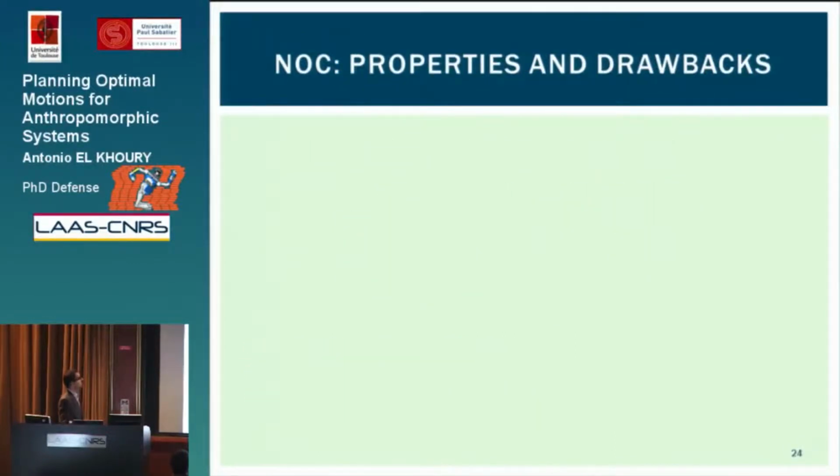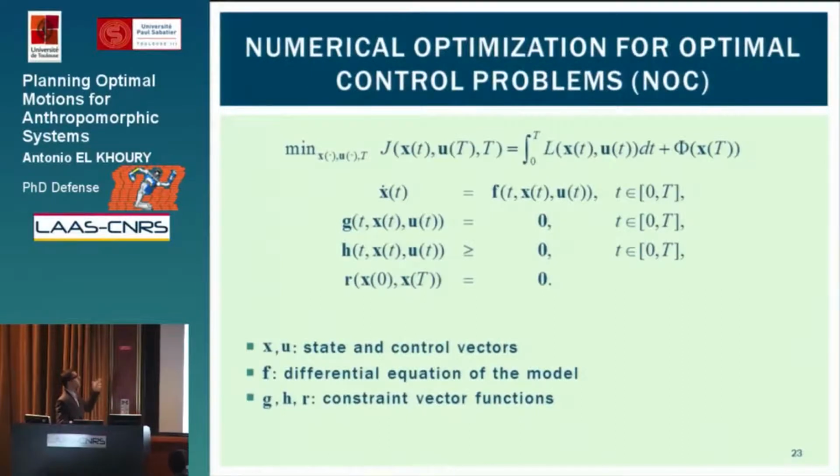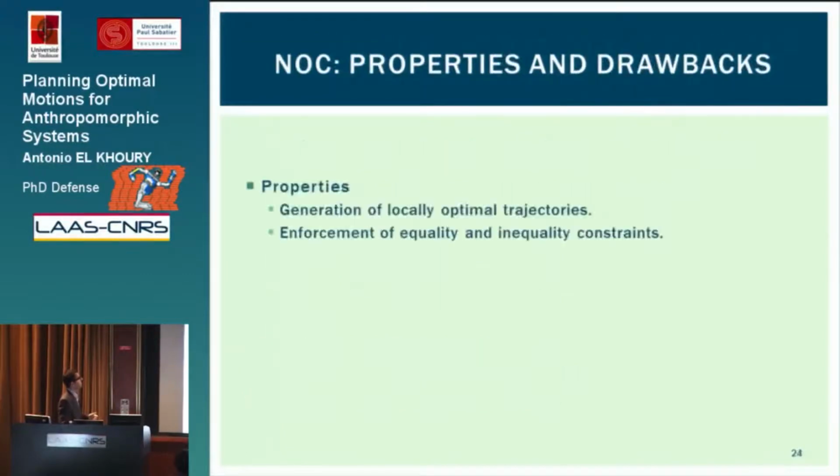One way of solving this problem is to rely on Jacobian-based numerical optimization methods, which will iteratively start from a given initial guess of a trajectory, then converge to a trajectory that minimizes the cost function. So it can allow us to generate locally optimal trajectories by continuous reshaping, while enforcing a set of constraints.